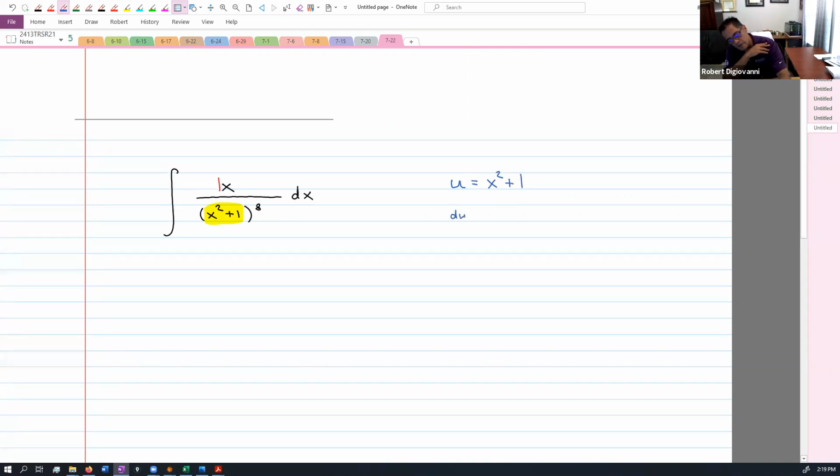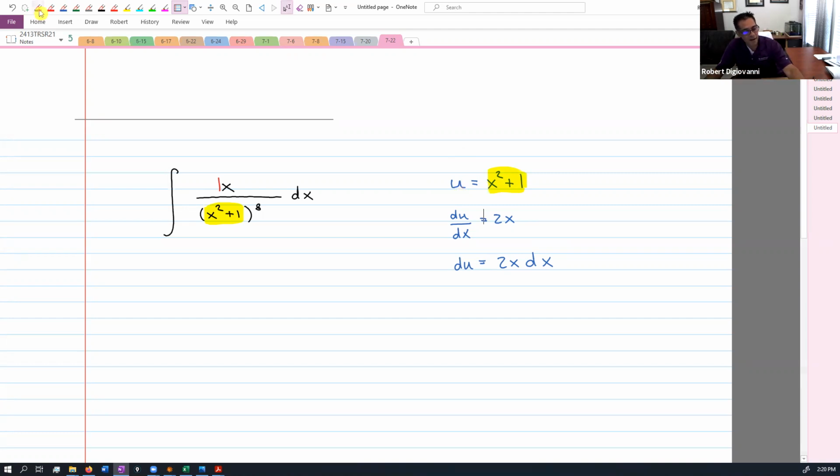I take the derivative with respect to x and I get 2x. I multiply both sides by dx and I get 2x dx. Nothing there has changed. I have that this yellow part matches, right? x squared plus 1 is this. That will be replaced with u.